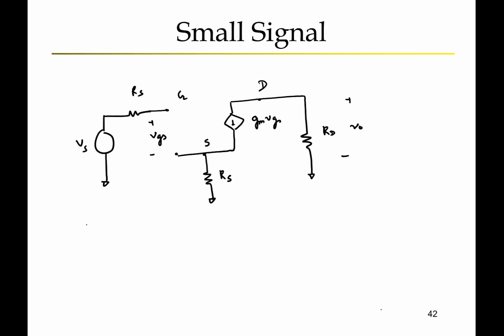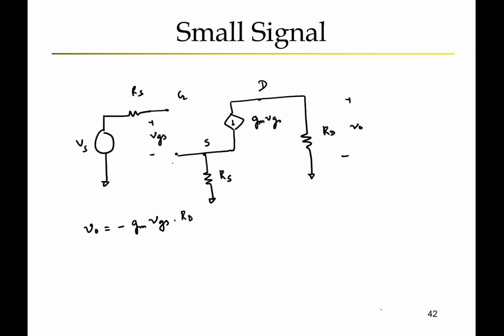Now let us try to calculate the voltage gain for this circuit. So I can write V0 as the current flowing through it, that is minus gm VGS times RD.